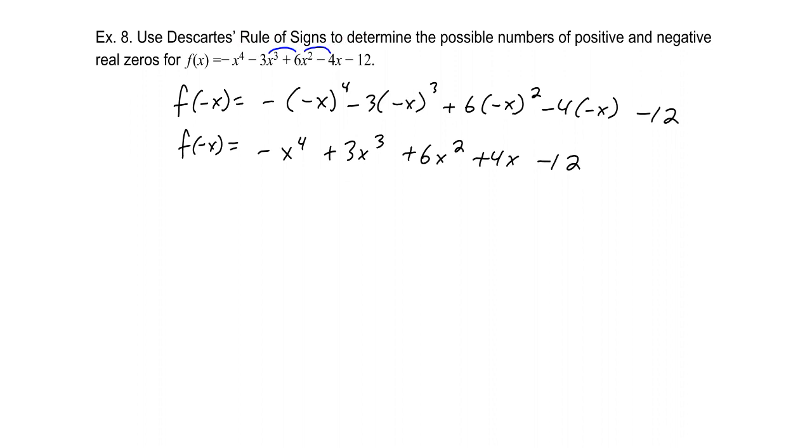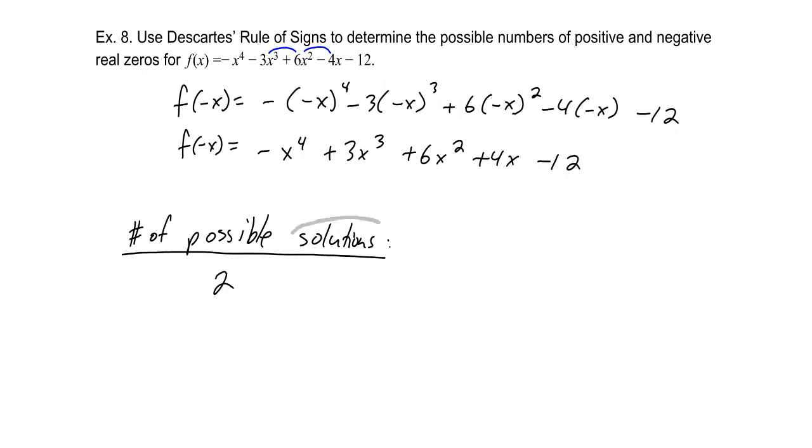So the number of possible positive solutions is either 2 or less than 2, and it says that it differs by an even integer. So 2 or 0.